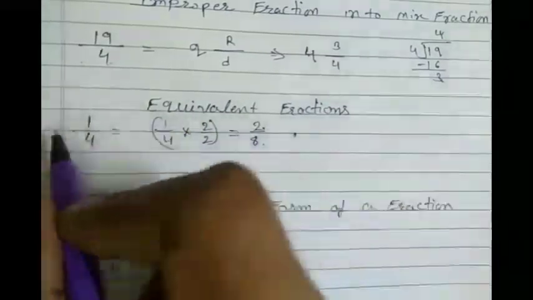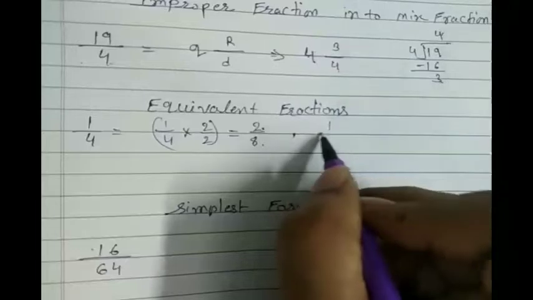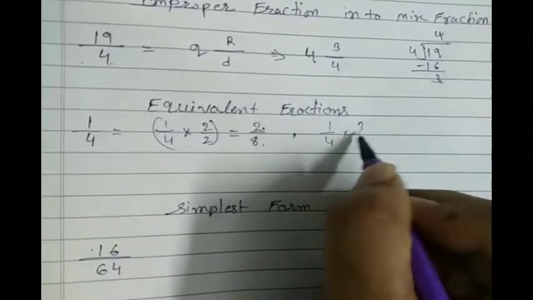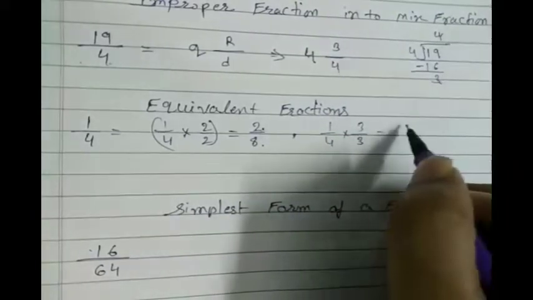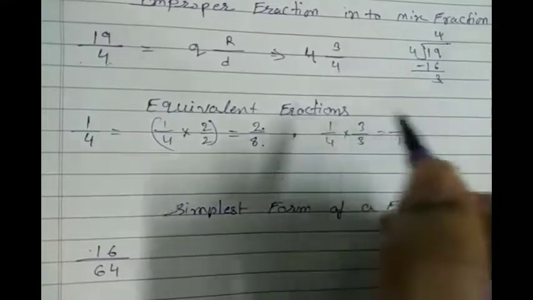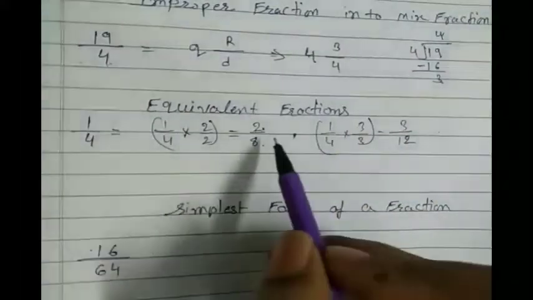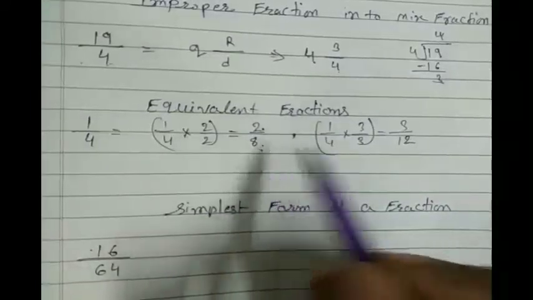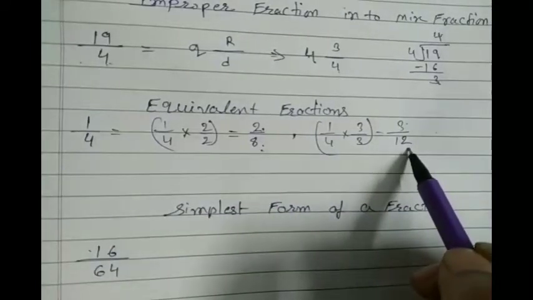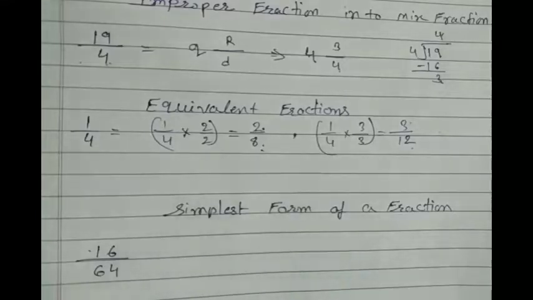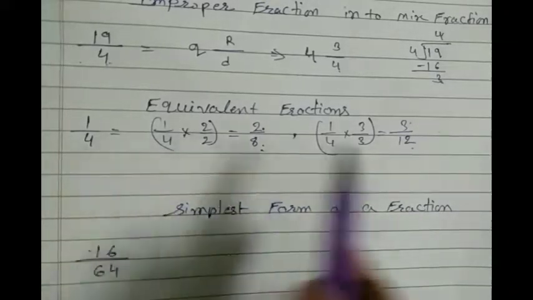One more equivalent fraction of 1 upon 4: we multiply 1 upon 4 with 3 upon 3, so we get 3 upon 12. So two equivalent fractions of 1 upon 4 are 2 upon 8 and 3 upon 12. In such a way you can find as many equivalent fractions as you want.